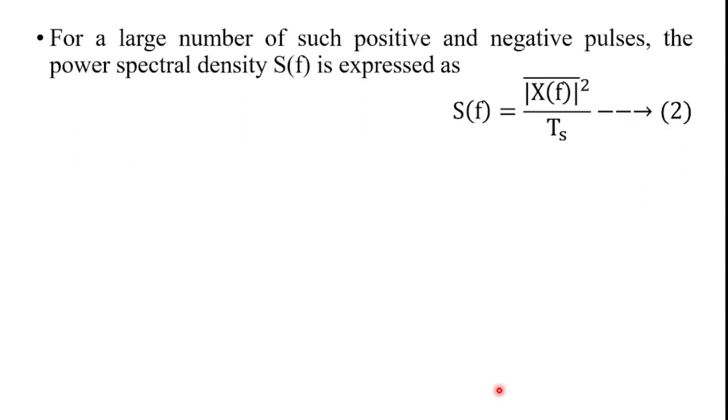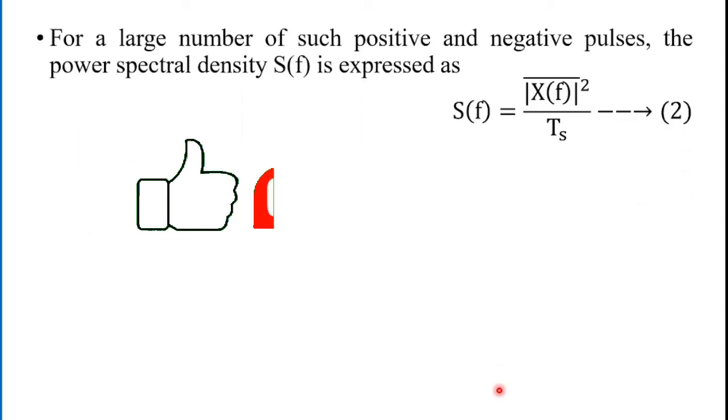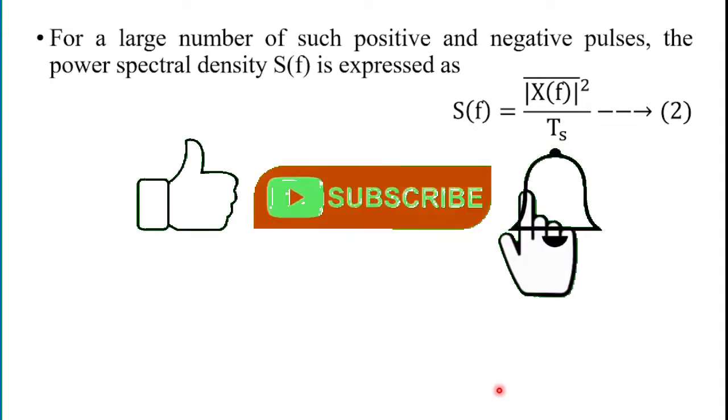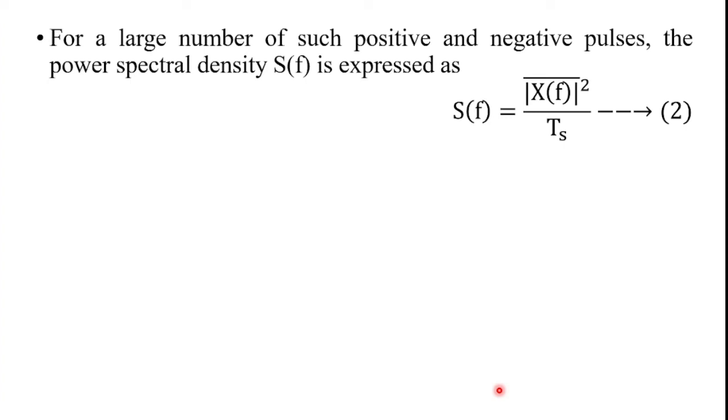For a large number of such positive and negative pulses, the power spectral density S(f) is expressed as S(f) equal to the magnitude of X(f) whole squared by Ts, where Ts is the symbol duration.